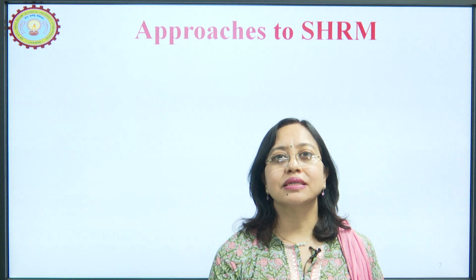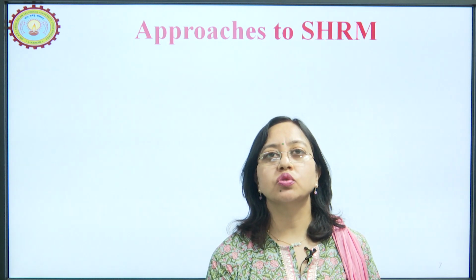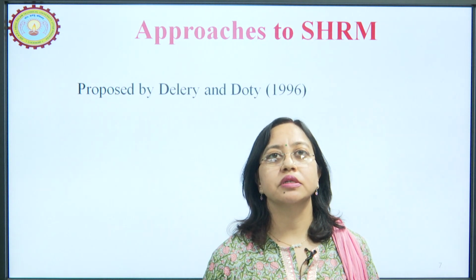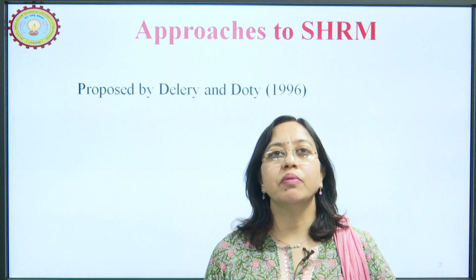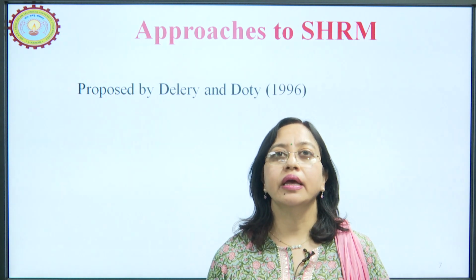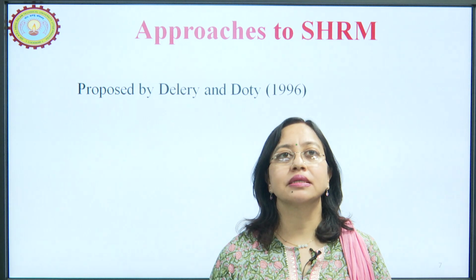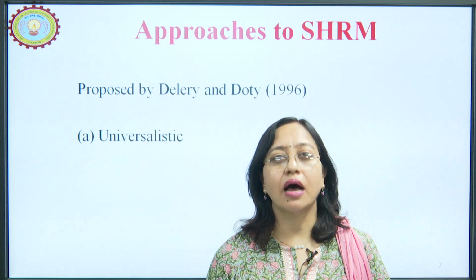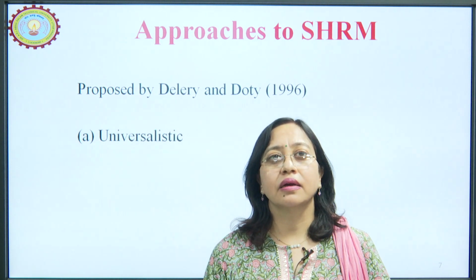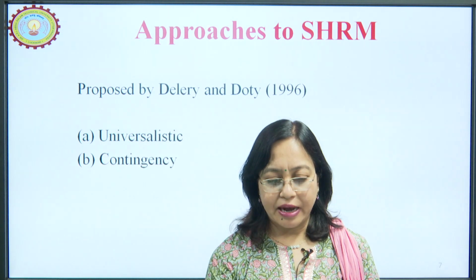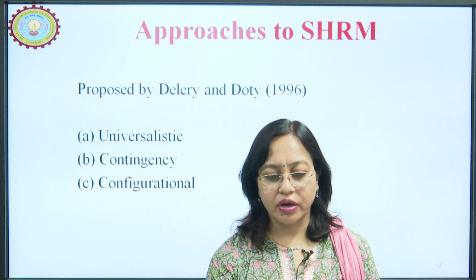Now, the next thing we discuss is the approaches to strategic human resource management. These approaches were proposed by Delery and Doty in 1996, and they are universalistic, contingency, and configurational.